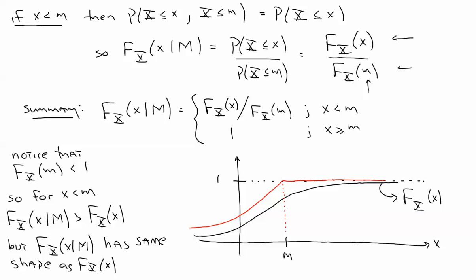All right. It's supposed to be the same shape. I apologize, I'm not the greatest artist, but the red curve below m is supposed to be exactly the same shape as the black curve below m. This red curve then is my conditional cumulative distribution function for this special case. All right. What about, now that we know, let's look at the conditional CDF, PDF, conditional probability density function.